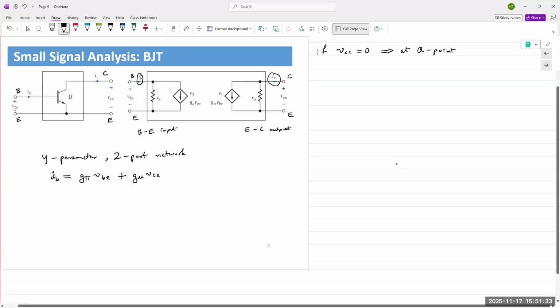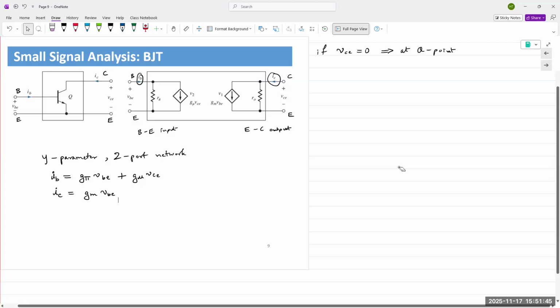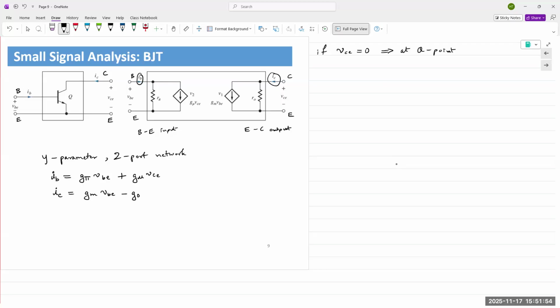And then I can write IC as GM VBE. I'll explain the expressions in just a little bit. And GO times VCE. Okay. So in this, well, actually, I'll wait until everybody writes this down.